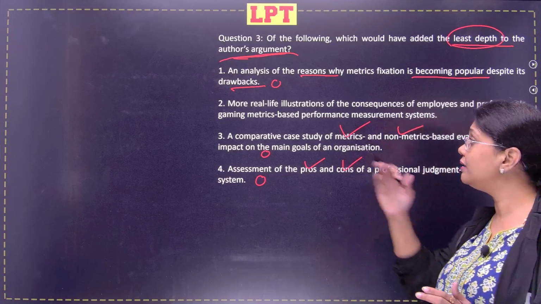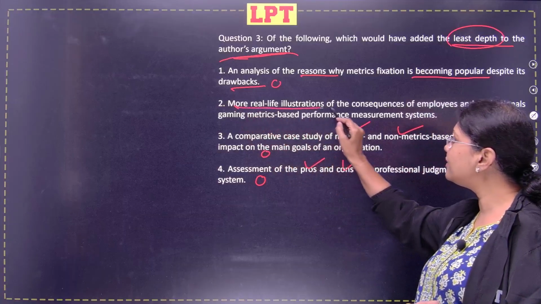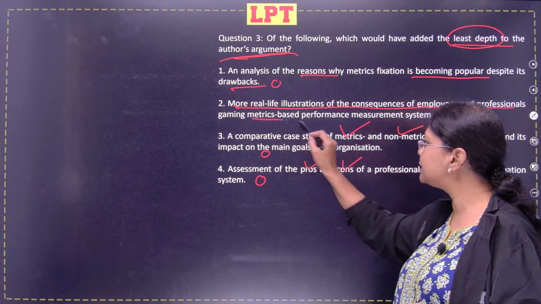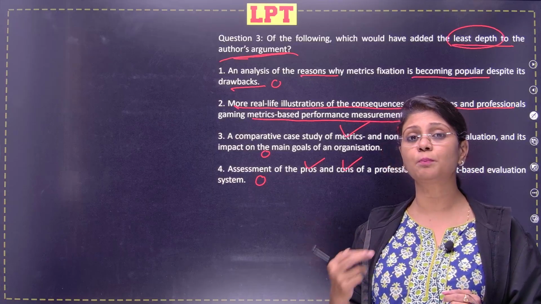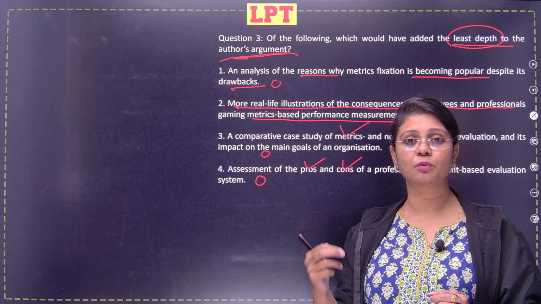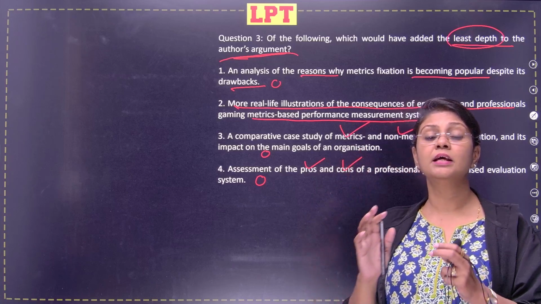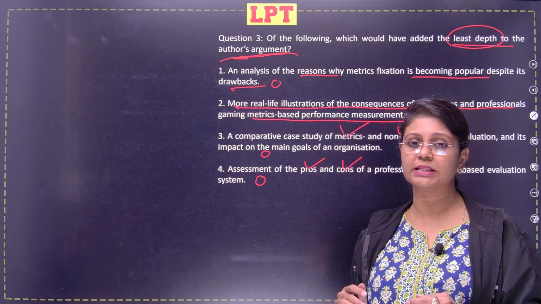On the other hand, option number 2 only talks about more real life illustrations of the consequences of employees and professionals gaming metric based performance measurement systems. The author is not a supporter of the metric fixation process, and he says that there are various negative outcomes related to it.